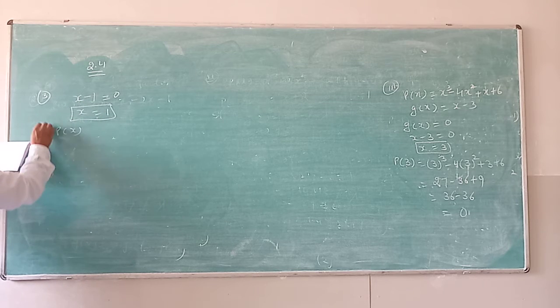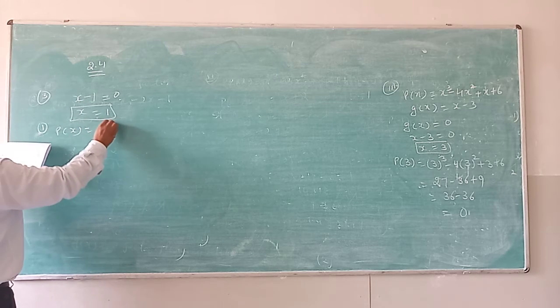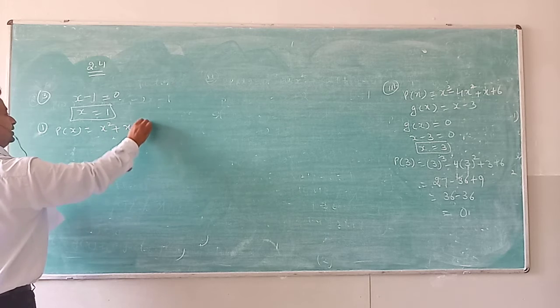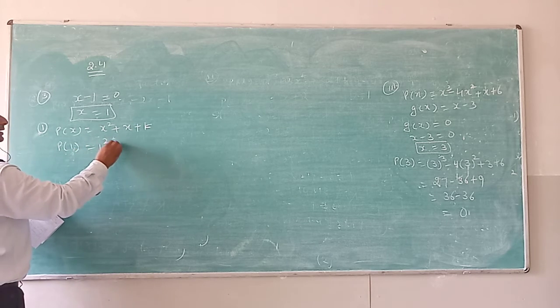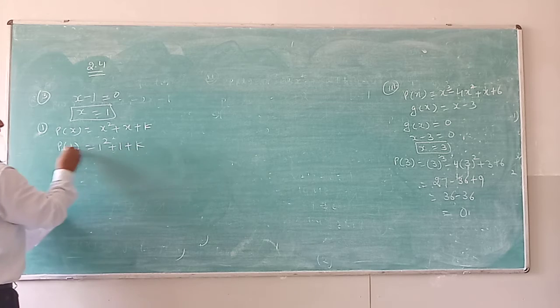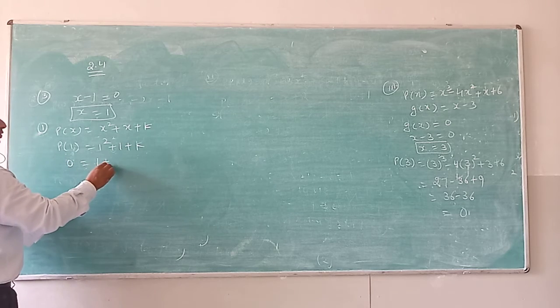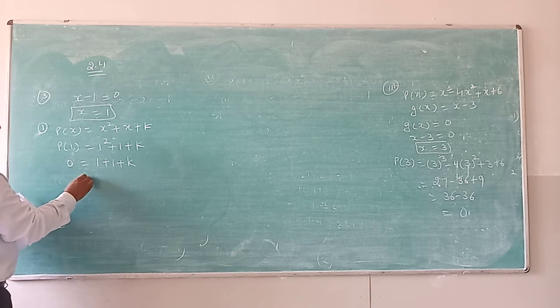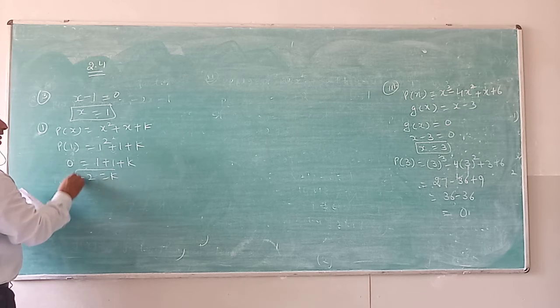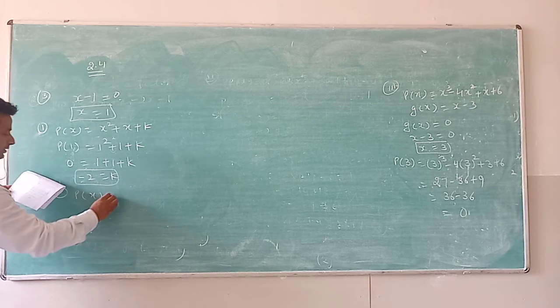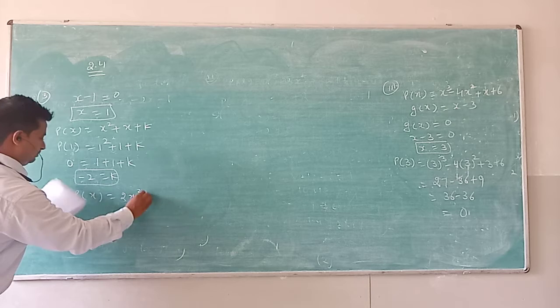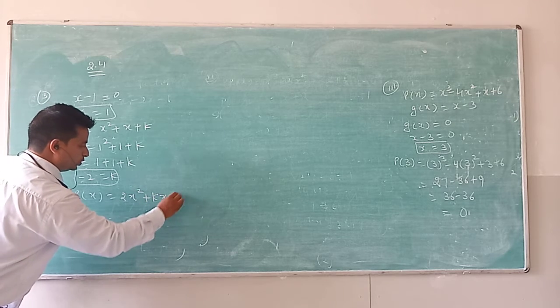The first polynomial is x square plus x plus k. When we put x is equal to 1, this is 1 square plus 1 plus k, and p(1) is 0. So this is k plus 2 equals 0. This is the answer.